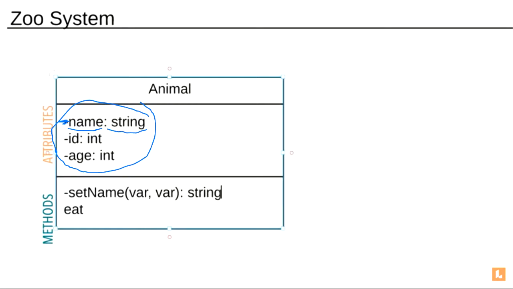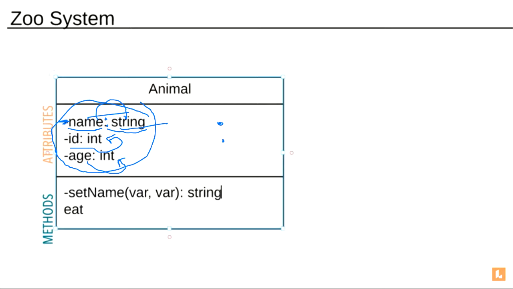You also show the data type of that attribute. For example, name is of type string, so you put this symbol and write string. ID is of integer type, and age is of integer type, so you can write them like this. So you can define the data types of your attributes using this symbol.